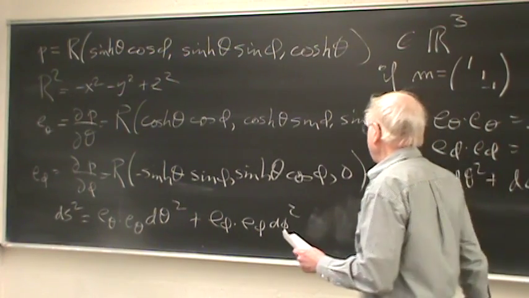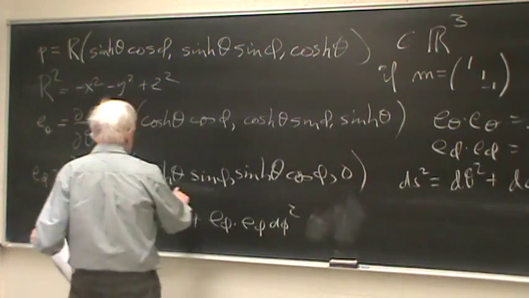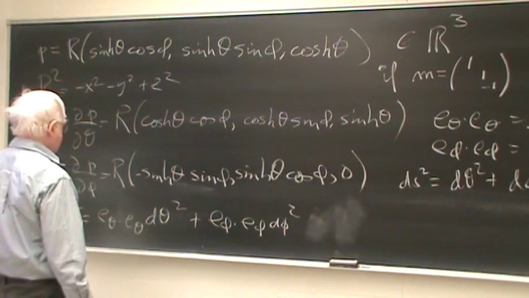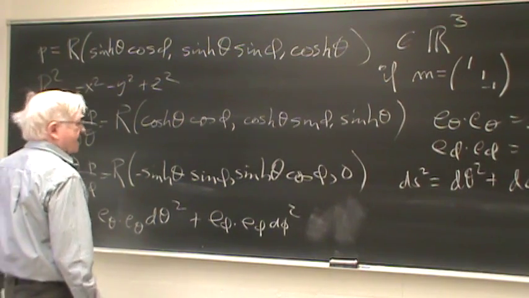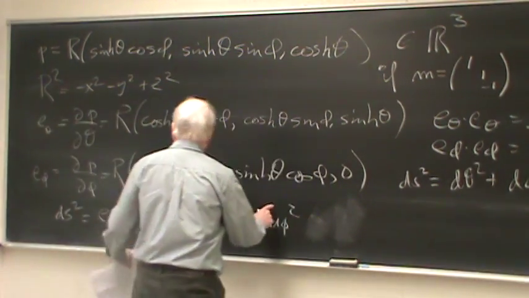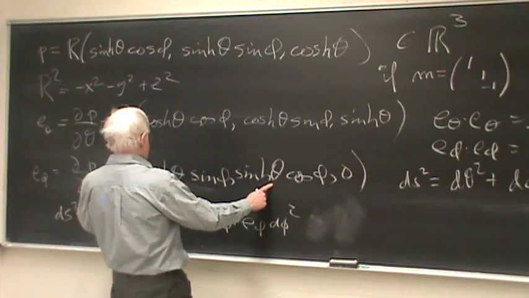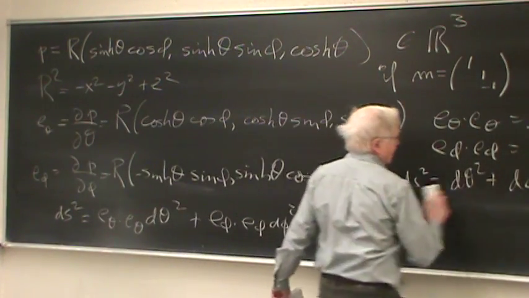Wait, I left out the dot product of these two. Well, it depends upon the metric, of course. So the dot product of e phi with e phi is actually sinh squared, it's not 1.